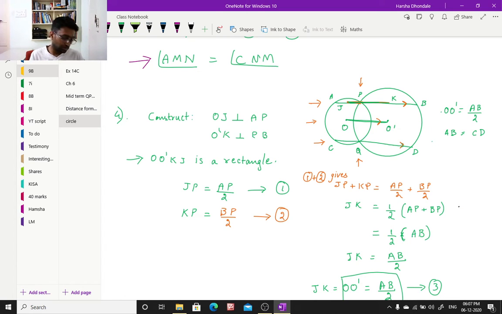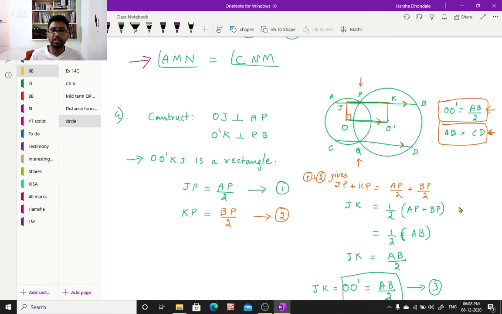Then what else is given in the question? With this information, I need to prove that OO dash is equal to AB by 2 and AB is equal to CD. These two things I need to prove. So now my construction will be: construct OJ perpendicular to AP, and then O dash K perpendicular to PB.